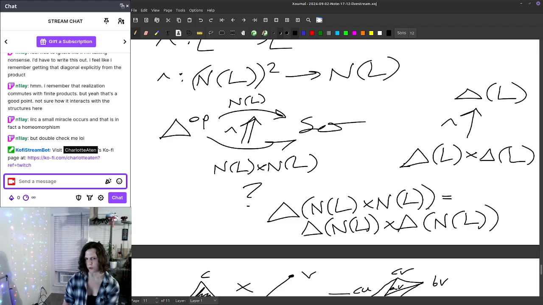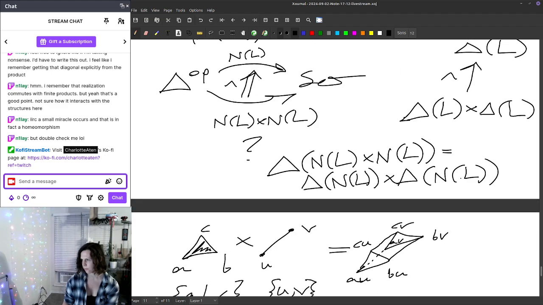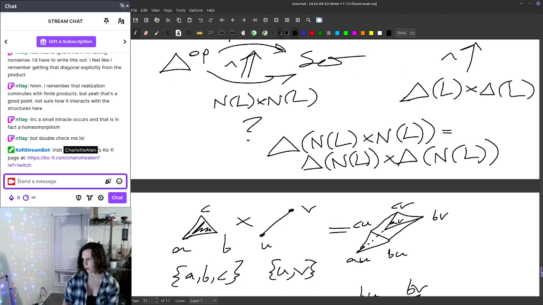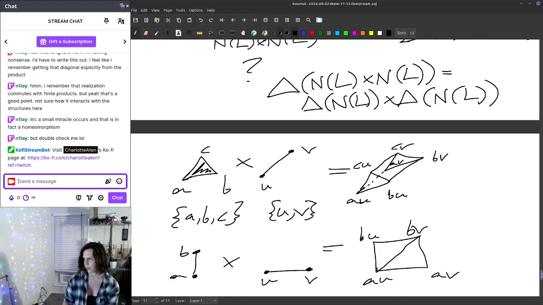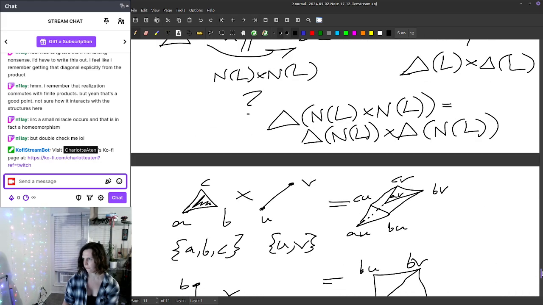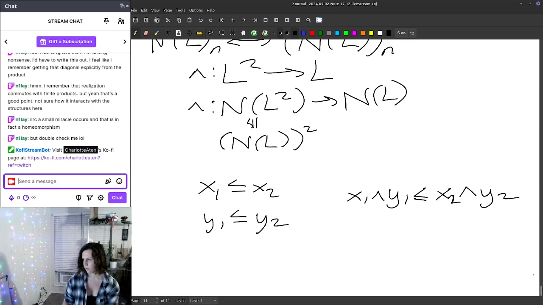If this is a homeomorphism, then I need to use this homeomorphism in order to get this map that I wanted. So I would need to know the homeomorphism there. So it's like, if I have two simplices like this, then this would give me another simplex, another two-simplex over here.